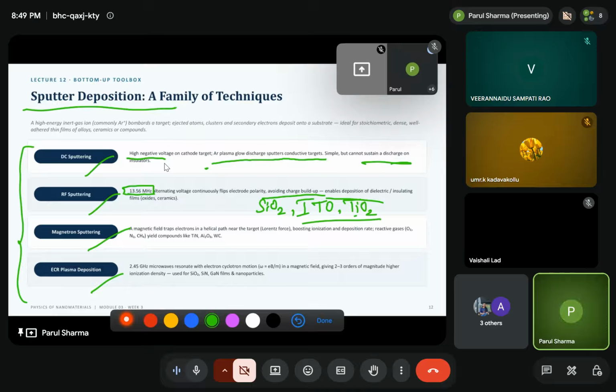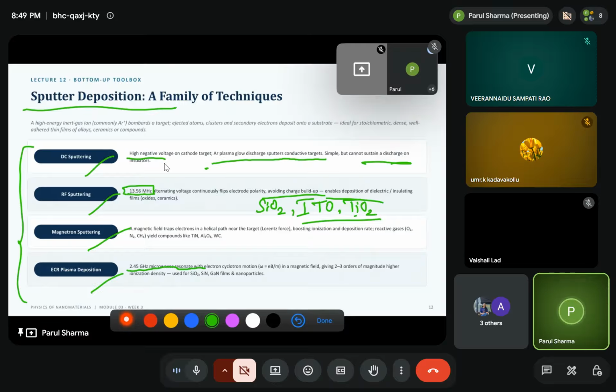Now, in case of magnetron sputtering, we can boost the deposition rate because the magnetic field will trap the electrons in a helical path near the target, and it will boost the ionization, hence it will enhance the deposition rate. In case of ECR plasma deposition, 2.45 gigahertz microwaves are used, resonating with the electron cyclotron motion.